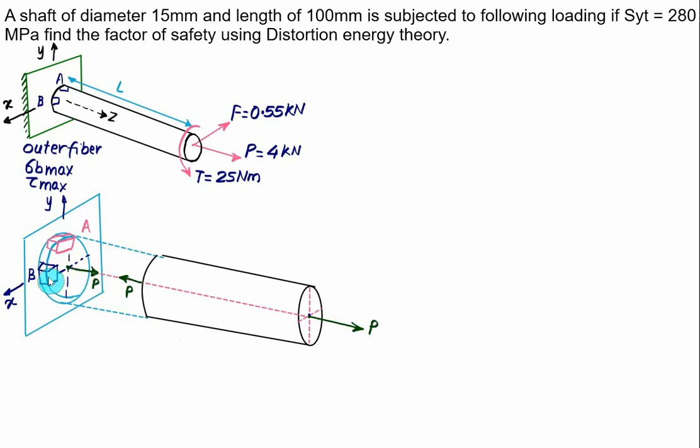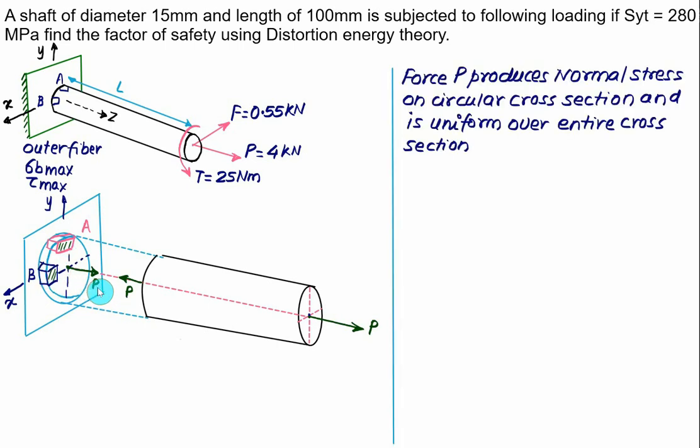This force P will produce the normal stress on the entire area, and the distribution of the normal stress is uniform. It will act on this face, which is perpendicular to the direction of P. This normal stress is equal to P divided by pi by 4 d square. So this force P produces the normal stress on both A and B, and that will be uniform because the normal stress distribution is uniform over the entire cross section.